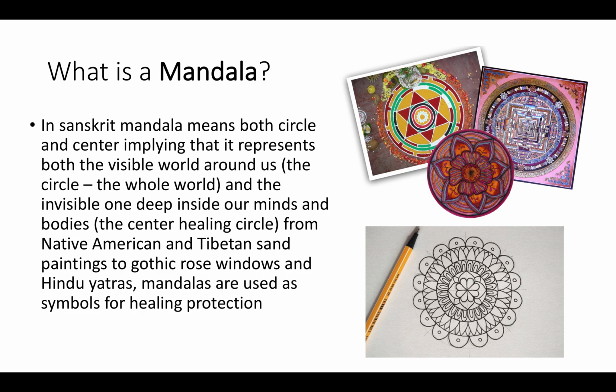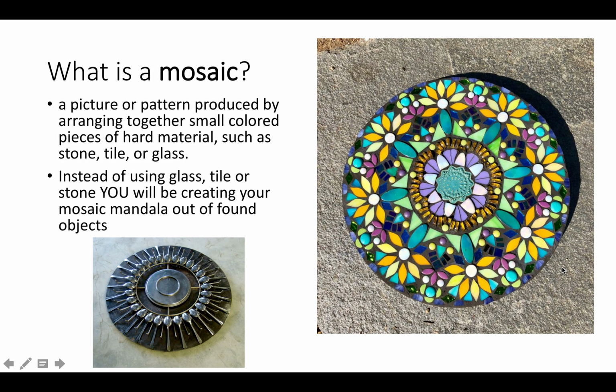All across the world, circles are used for various purposes, from sand paintings to rose windows to yantras to mandalas. Again, they can be used as some type of healing protection. And that concept of a circle within a circle within a circle can help you get the idea that we're going to go towards.